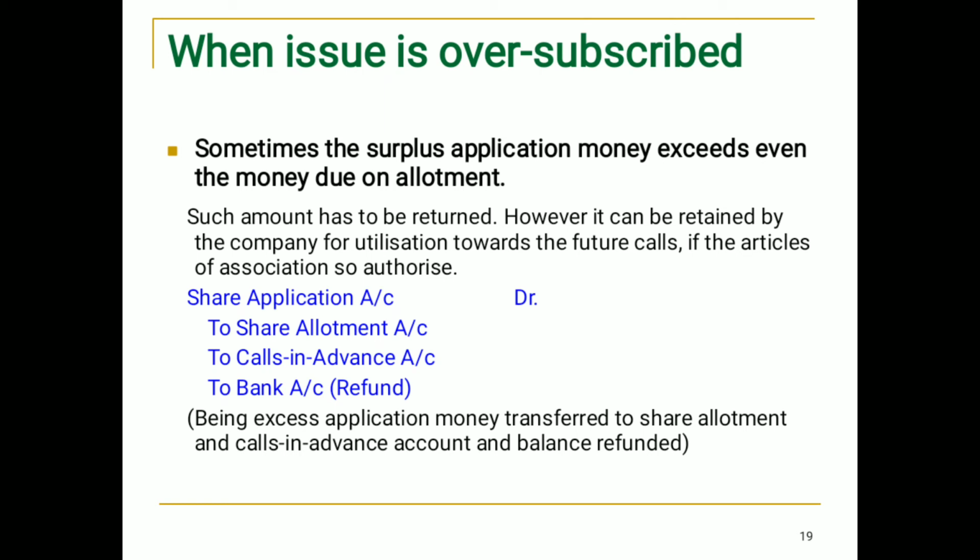You will consider it as calls in advance. That means the amount that you are supposed to call in future is received already. This journal entry also will be more clear when applied practically in the sums. This is just an option how to deal with oversubscription.